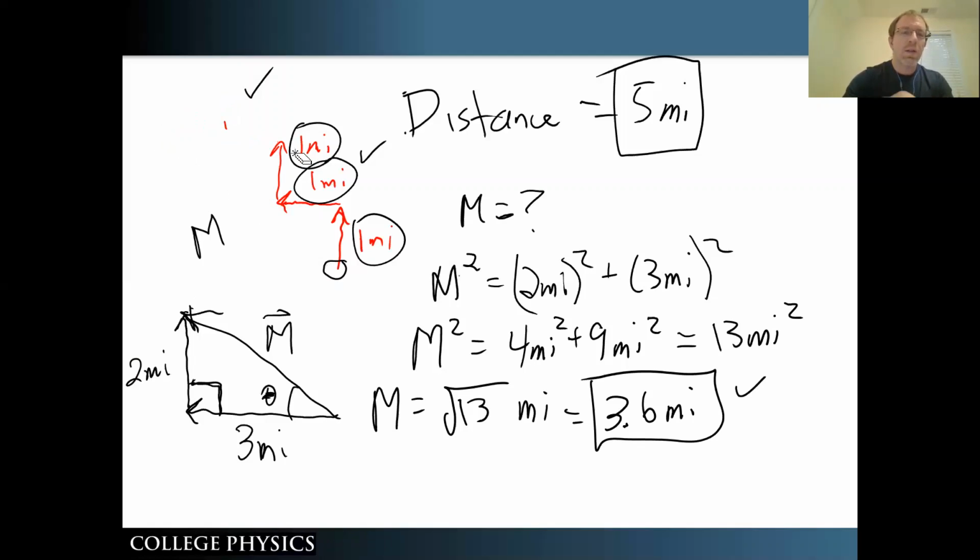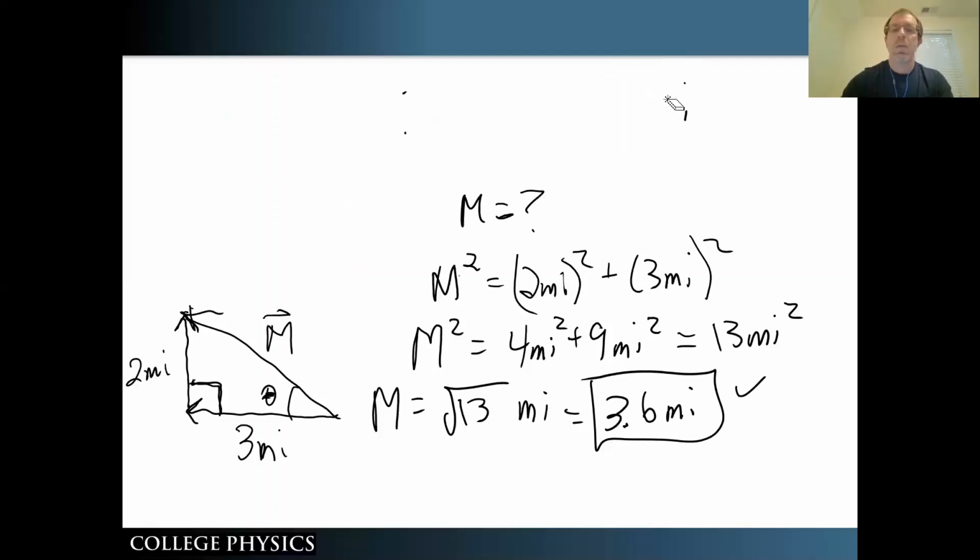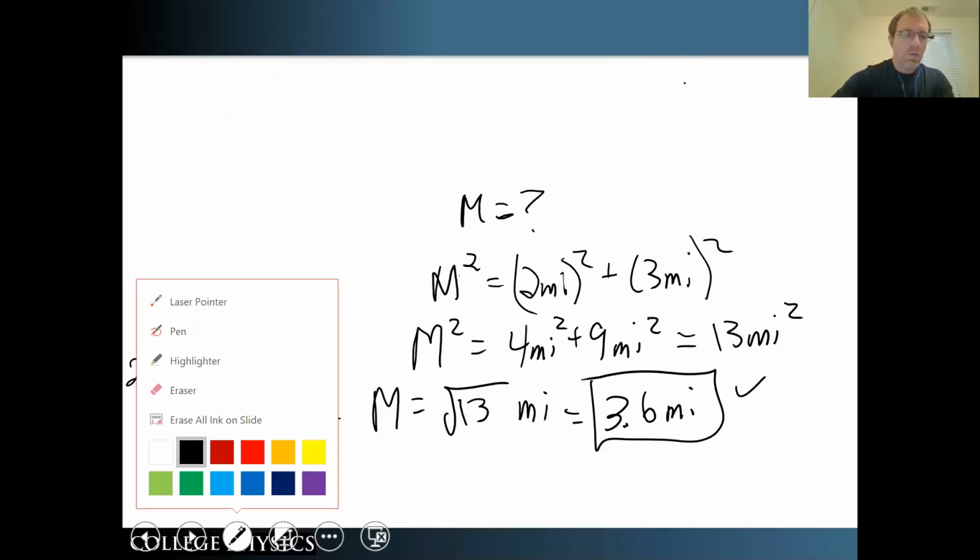We're asked what as well, what is the direction of Mary's displacement? So let me see if I can just erase, maybe not. Okay, there we go. All right, so what we need to do is we now need to figure out what is that angle, theta.